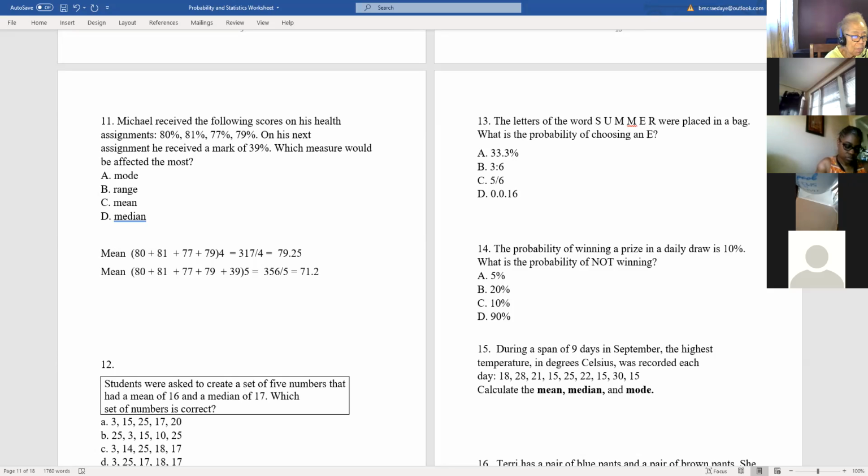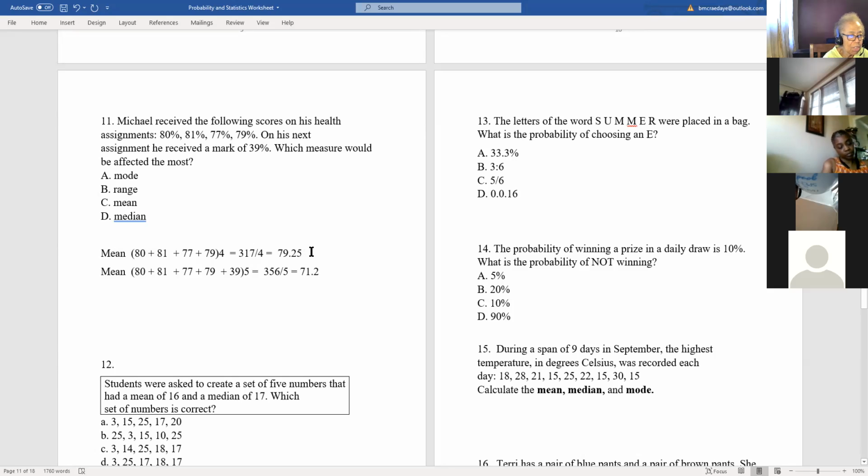Yes, it's 79 as what Miss Maureen said, but whatever happens to the one that's left over? What do you mean, remainder? No, you just put it as a decimal. 79.25. Yeah, 79.25, Michelle. You divided.